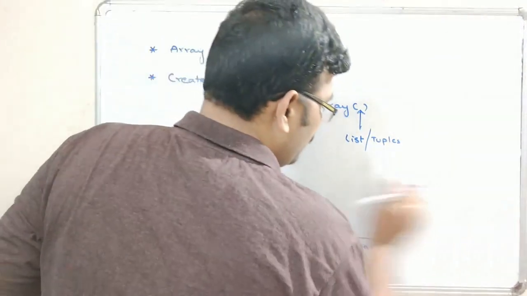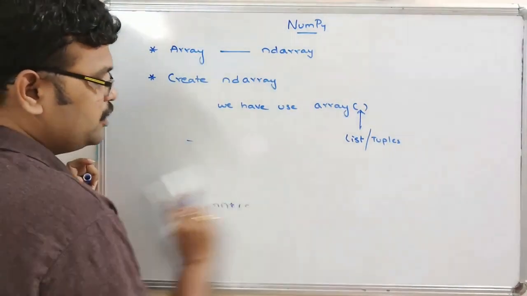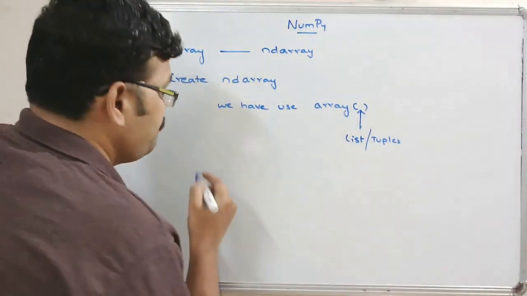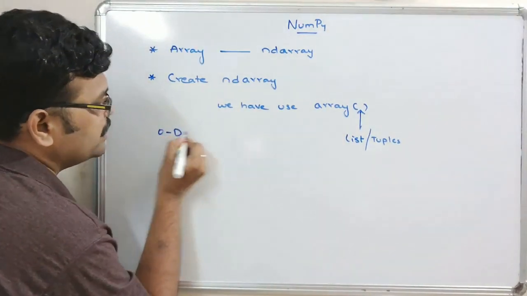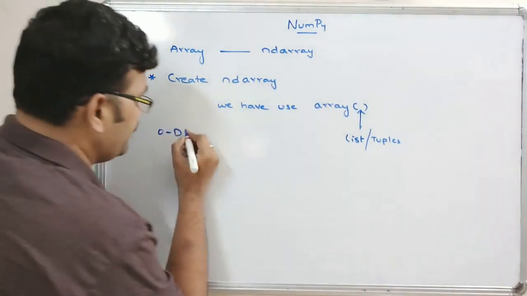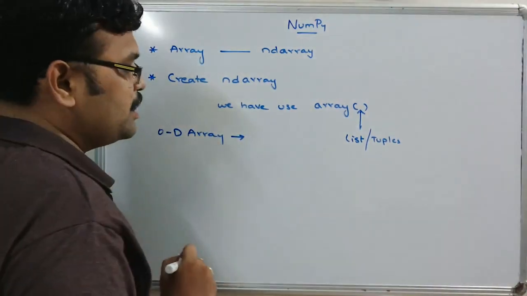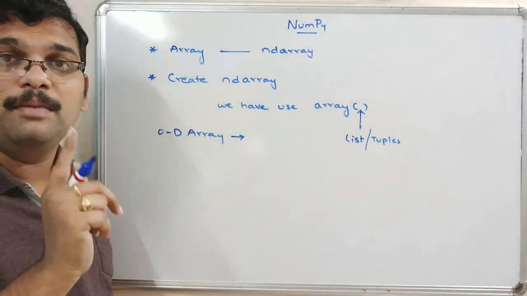Now we will see how to create a 0D array, 1D array, as well as 2D array and 3D array. First one, 0D, that means a 0-dimensional array. A 0-dimensional array means containing only one element.